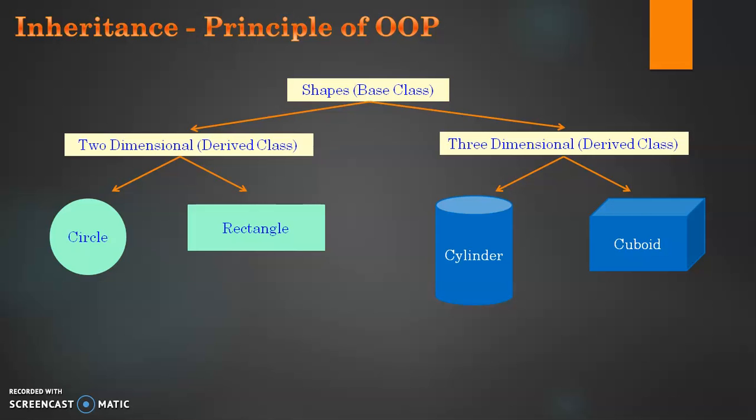So this is the essence of inheritance, in which the features of the parent class or the super or the base class can be reused inside the derived classes in order to perform some other task.